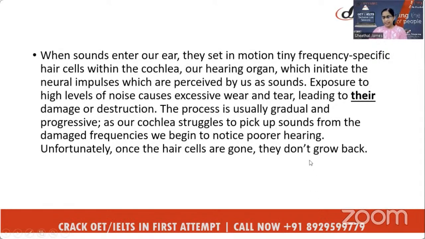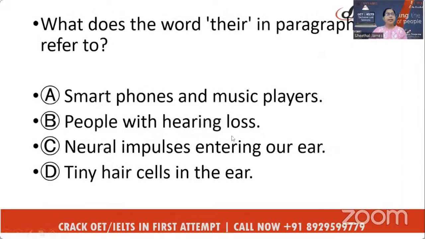Now, read the options. You know that it is not at all talking about smartphones and music players, because nothing was mentioned in that first sentence about smartphones or music players. Then people with hearing loss, that also is not mentioned in the previous sentence.